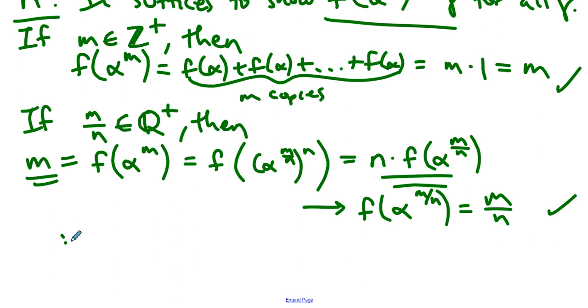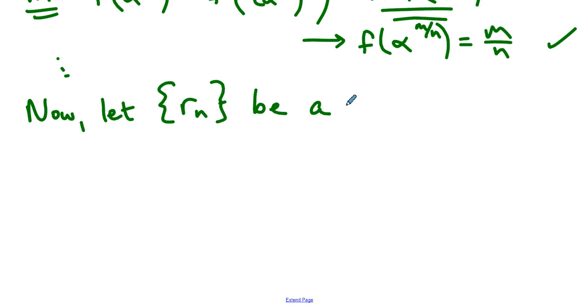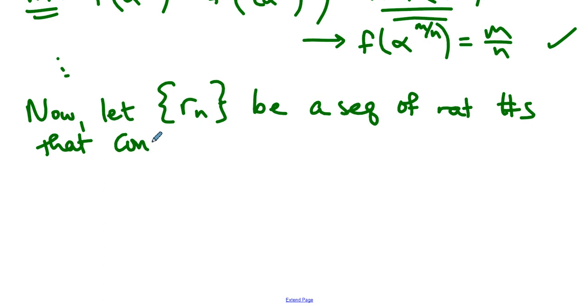So let's go to the big result. Now, let the sequence of r sub n's be a sequence of rational numbers that converges to gamma, which is a real number.